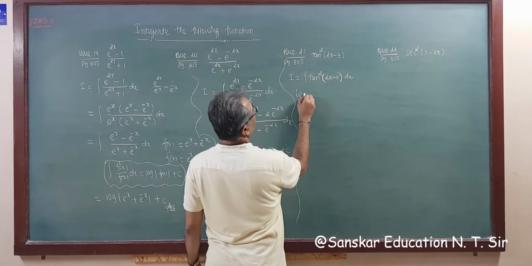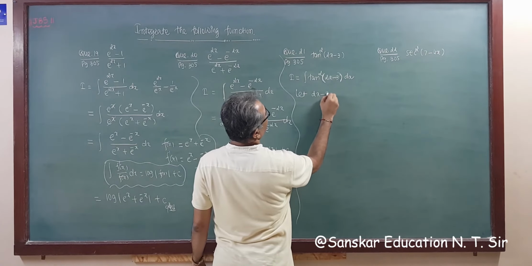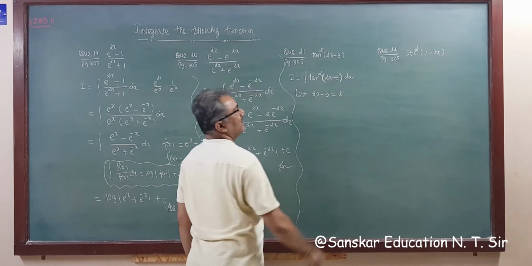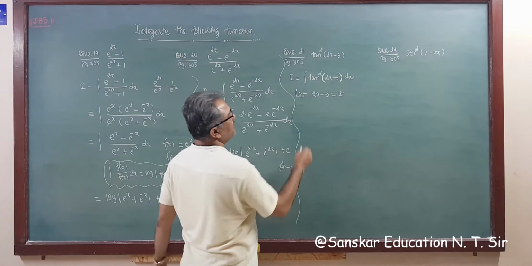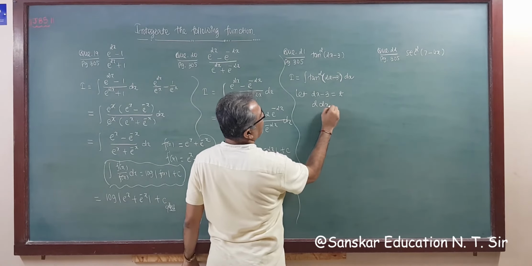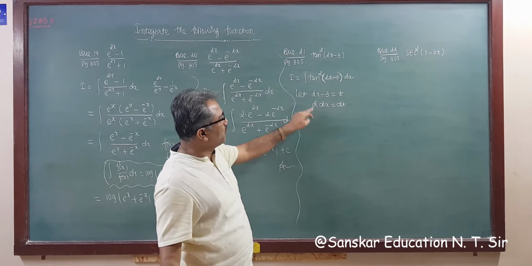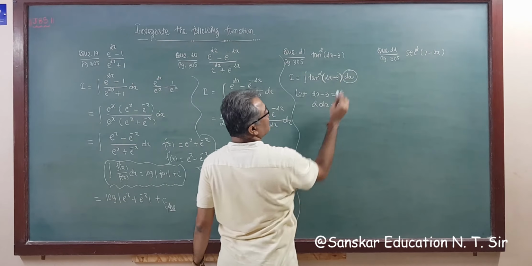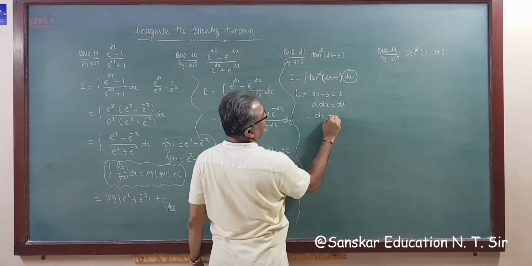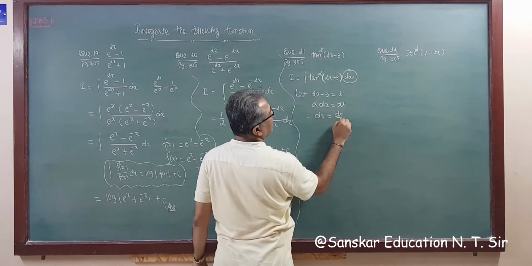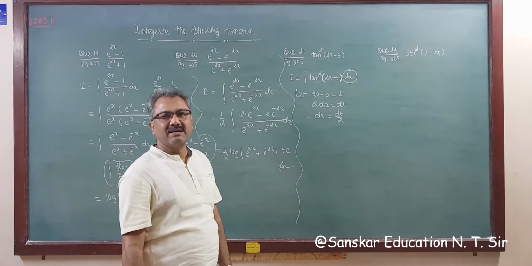The derivative of this gives 2 dx is equal to dt. But there is no 2, only dx, so dx is equal to dt by 2.